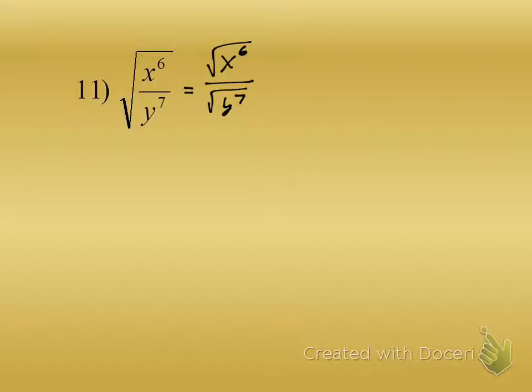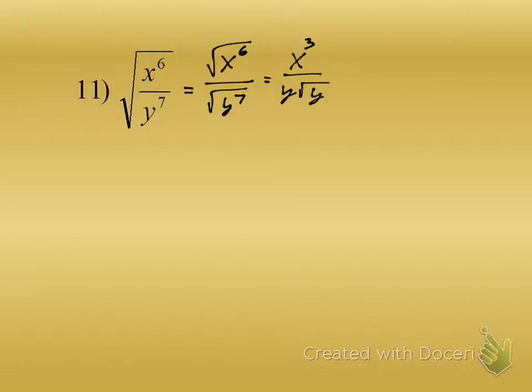Now, this won't be able to be done every single time, but in this case, you can. If you can simplify those square roots, do so. So what's the square root of x to the 6th? x to the 3rd. What's the square root of y to the 7th? y cubed rad y.